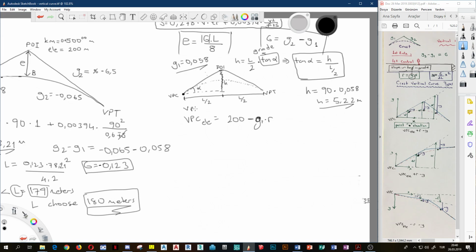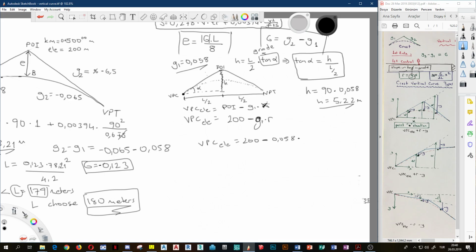And what is the formula? VPG elevation is equal to POE minus G2 times R. Yes, VPG elevation is equal to 200 minus G1, 0.058, times R.